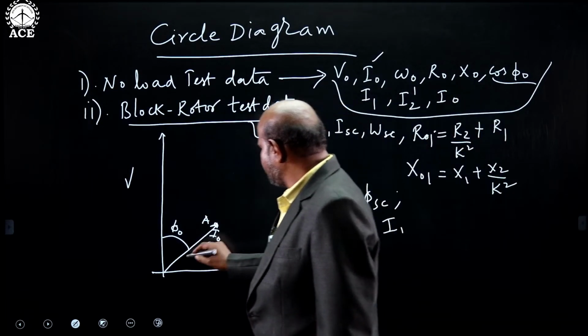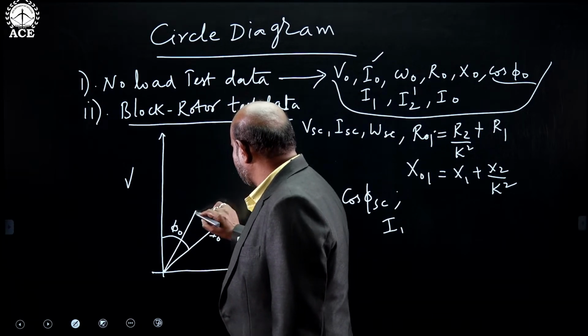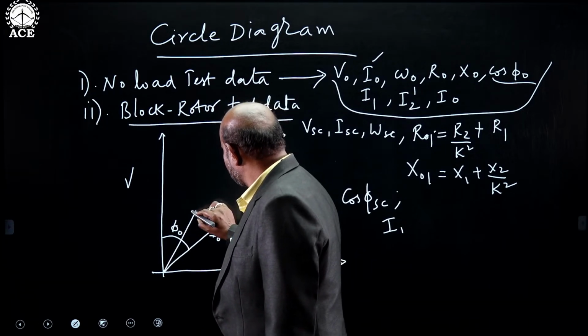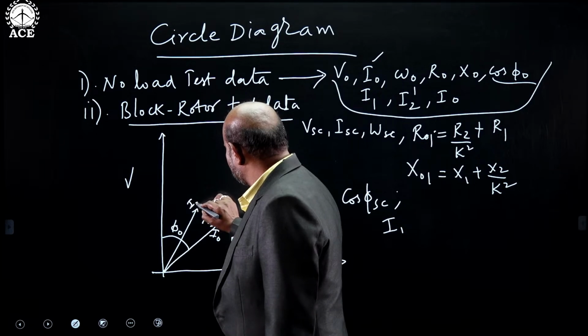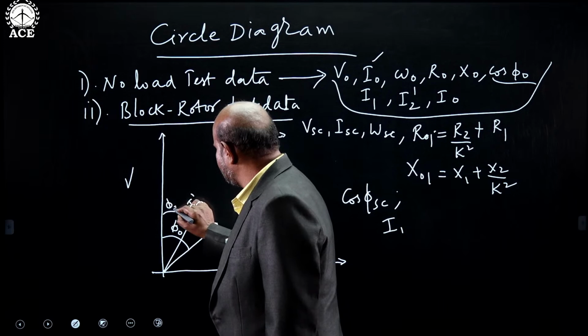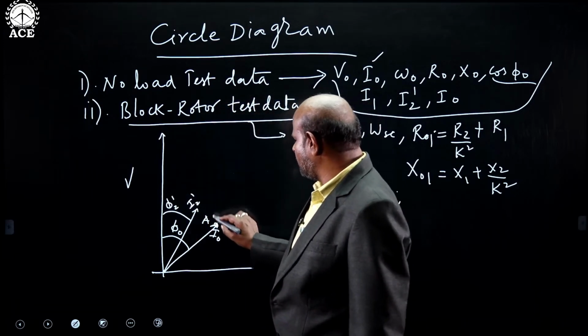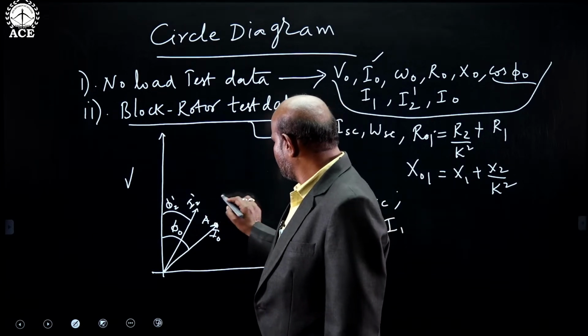So if this is A, then draw I2 dash. The angle made with respect to V is, let us assume, phi 2 dash, and the resultant of I2 dash and I naught is nothing but I1.